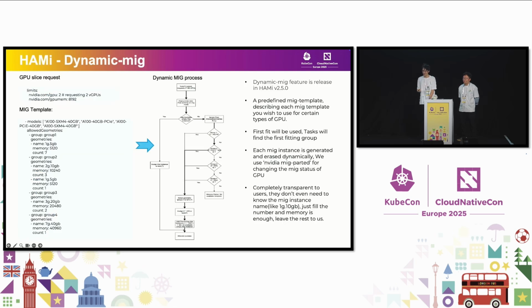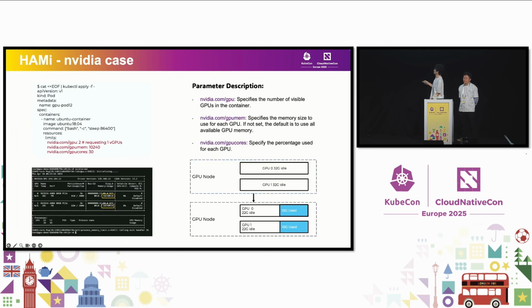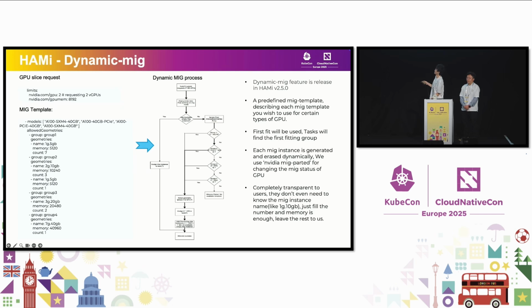We also support the dynamic MIG feature. You can use it like the examples in this page. You simply need to specify the number of GPUs you wish to use along with the device memory you wish to allocate. You set the number and memory here, and we will search according to the templates here and find the most fitting MIG instance for you to use.